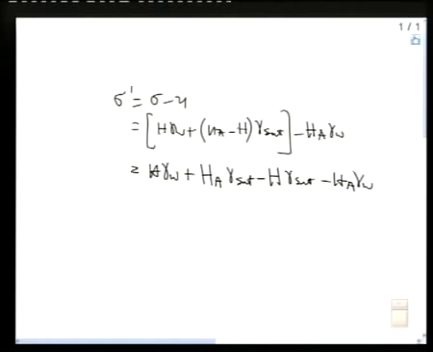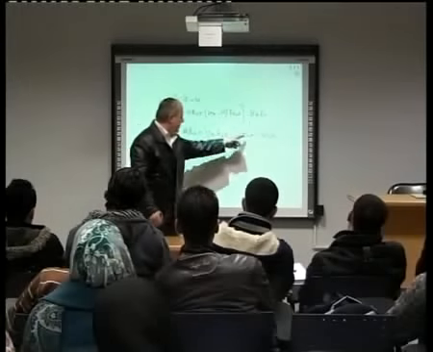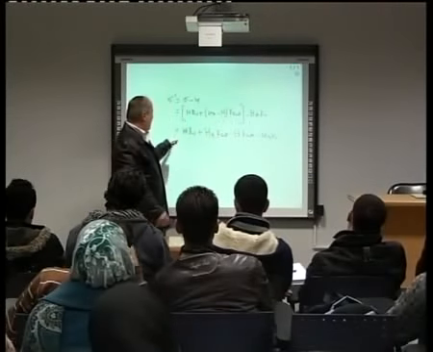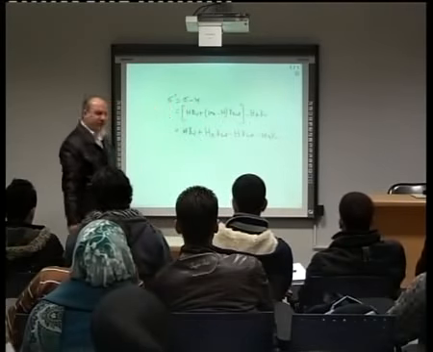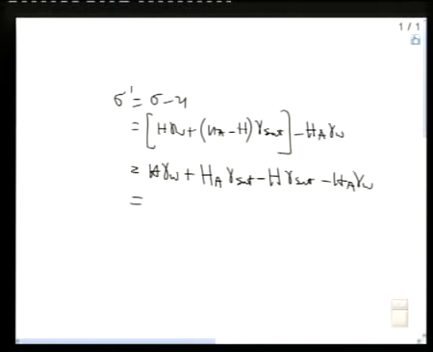Look, I have here gamma water, gamma saturated, and I have H and HA. So this will be HA minus H multiplied by gamma saturated minus gamma water.